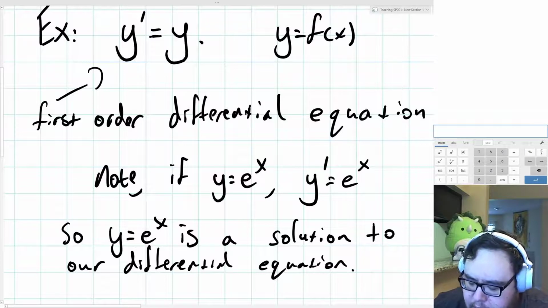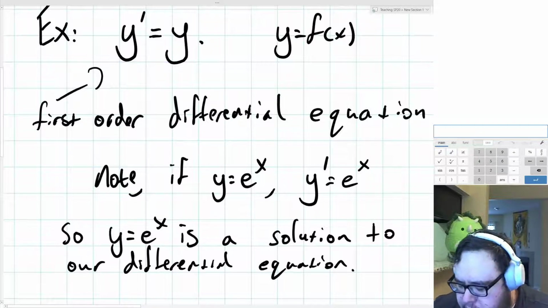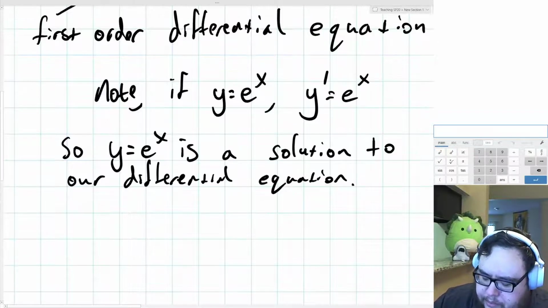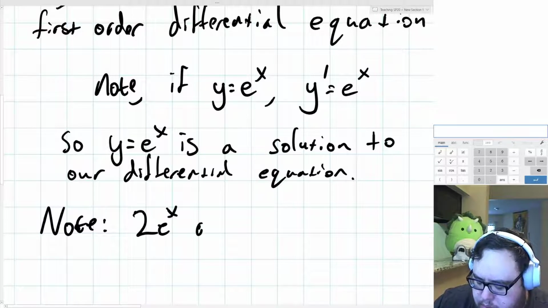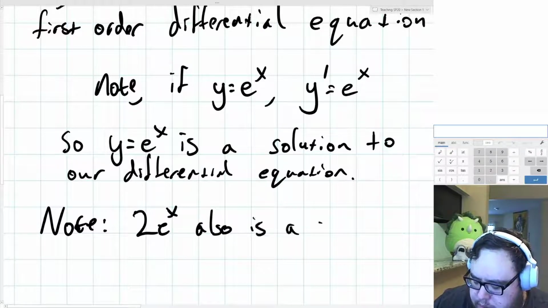It's not the only solution to our differential equation. It turns out that there's an entire family of solutions. Note also 2e to the x also is a solution.